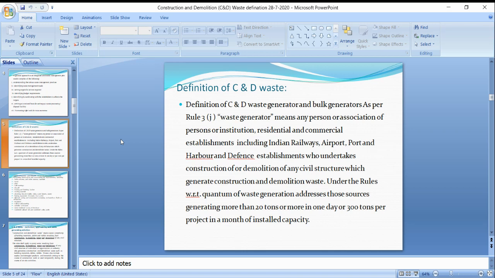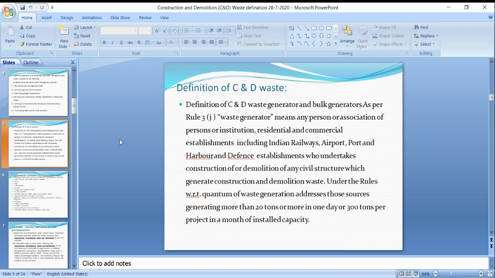So we have seen that waste will be generated at any place. It may be an institute, a residential or a commercial establishment. From there, the construction waste will be generated. For establishment of Indian Railways, if you want to lay any railway lines, or any airport, harbour or defence, all of those have civil structures.